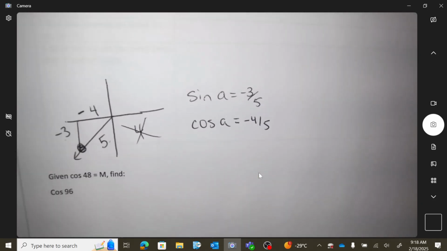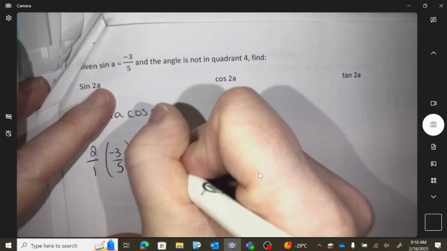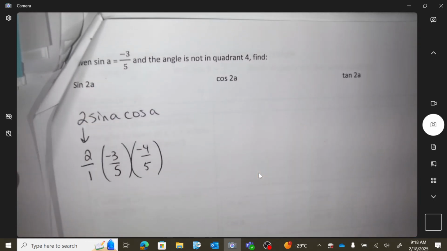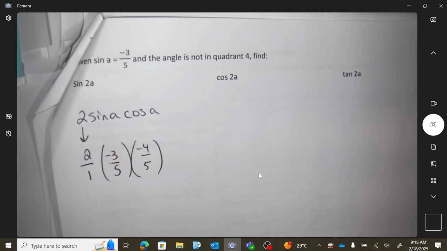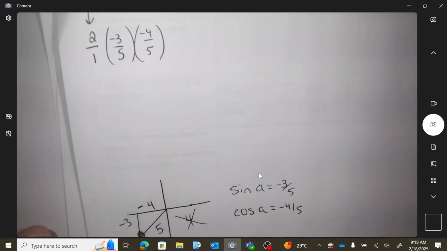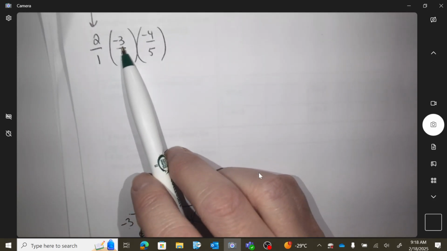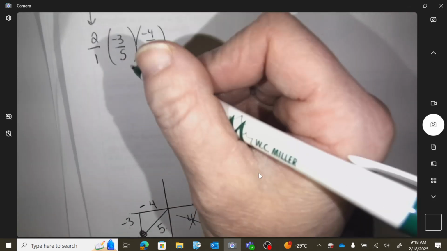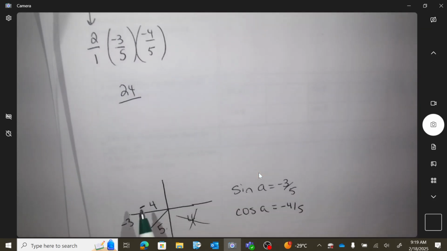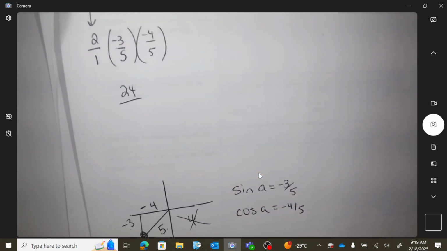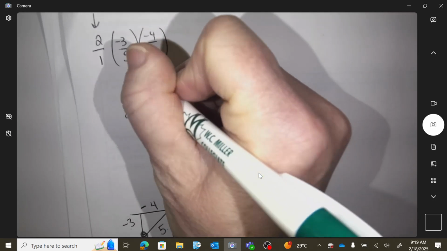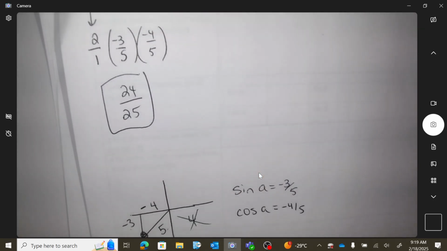Figured that out as -4/5. What is this as a final answer, positive or negative? Positive, because there's a negative there and negative there. Okay, ready? What's 2 times 3? 6 times 4? 24. What's 1 times 5 times 5? Okay, no calculator.